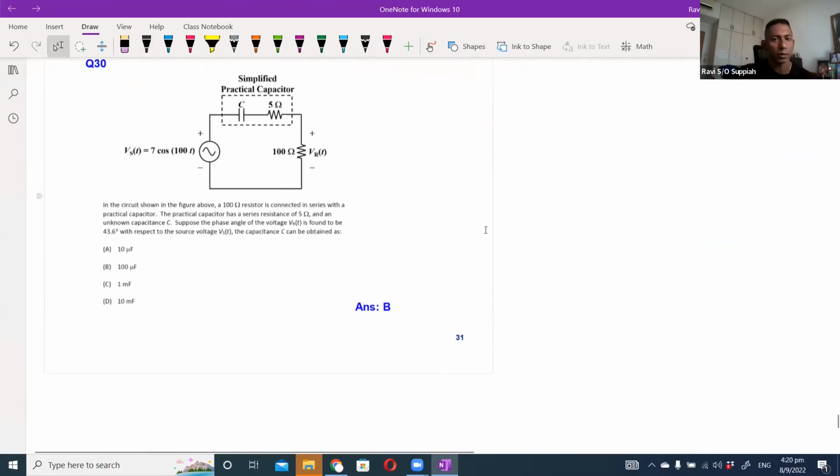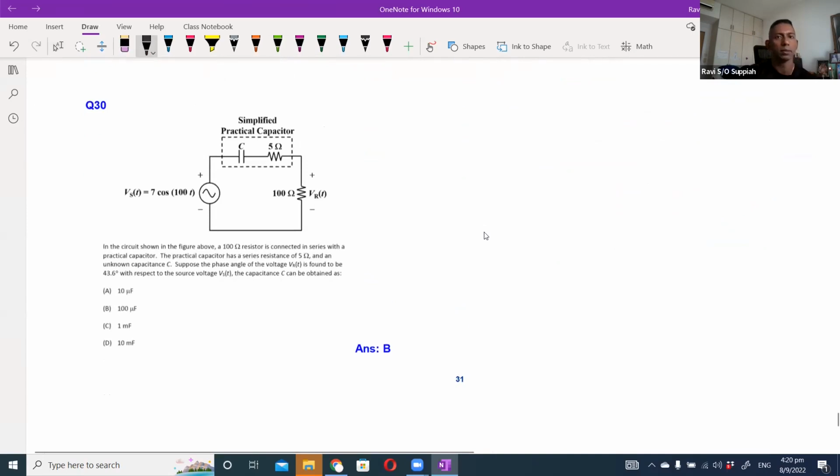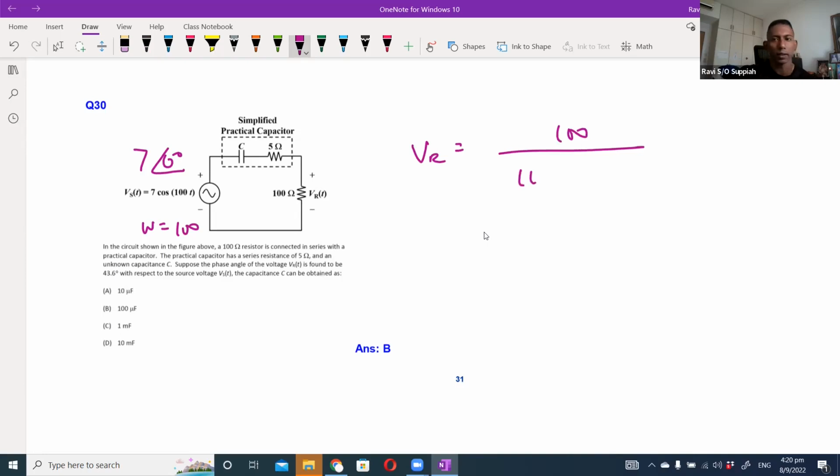For the last question, it is the same thing. The only thing is omega is already given to us as 100, and the source is the same. Again, we have the same expression, 100 over 105 minus j over omega C, times 7 angle 0 degrees.